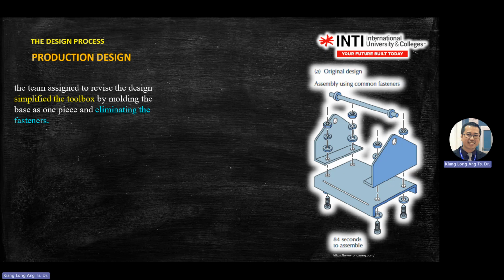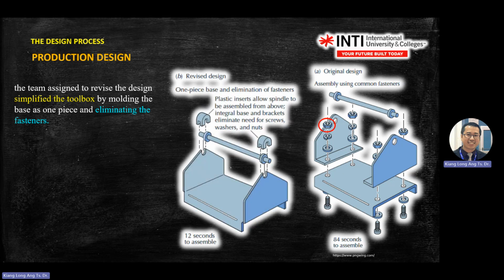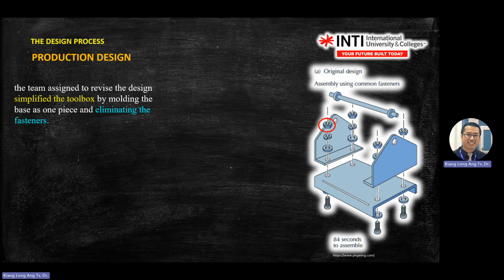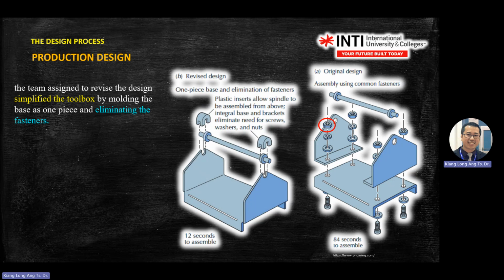Actually, the answer is inside this slide only. By molding the base as one piece, you eliminate the fasteners by joining the base.